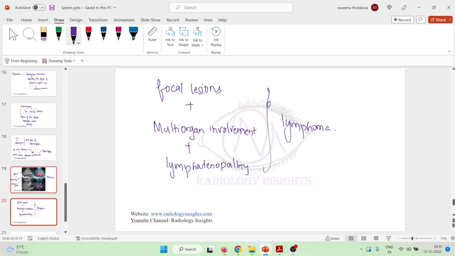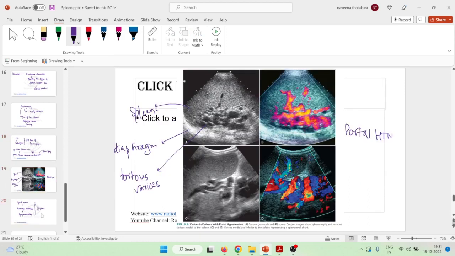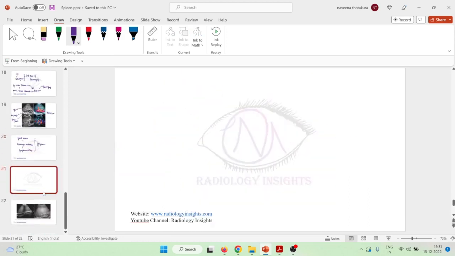So clinical and radiological features can help us come to a differential diagnosis, but sometimes even if we do a lot of clinical and laboratory workup, we could not find a proper diagnosis. These are the cases with isolated splenomegaly.